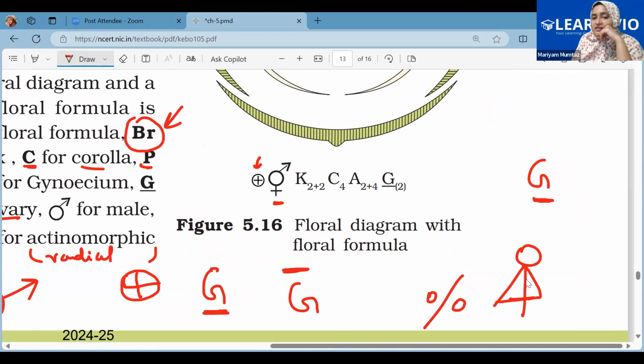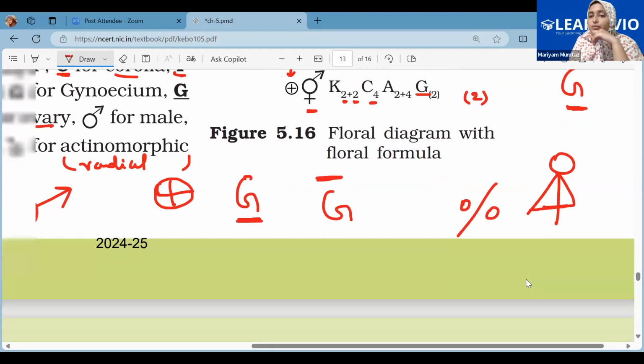And then the calyx is present in the form of 2 plus 2, meaning 2 of them are present separately and then 2 of them are present separately. Then the corolla number is 4 and the androecium is 2 plus 4. And then the gynoecium is superior ovary. 2 ovaries are present and they are fused. Syncarpous condition. So that is how you will deduce it.